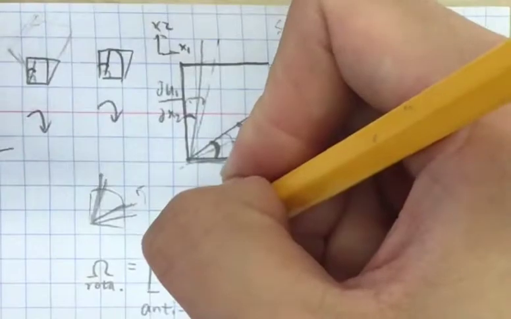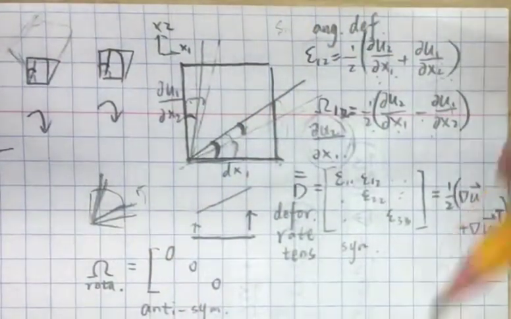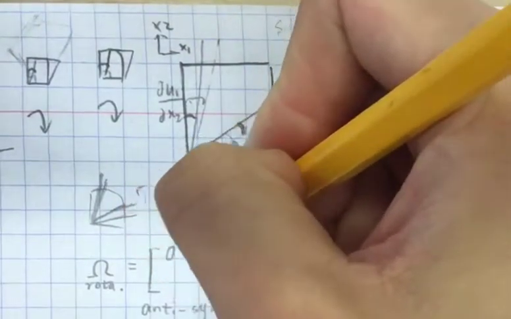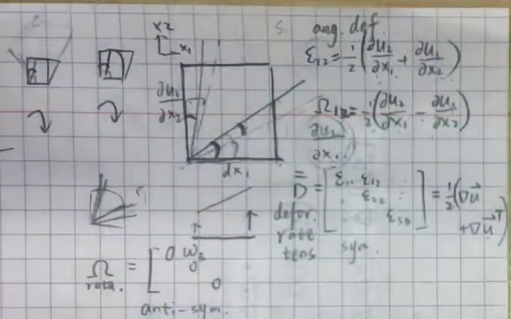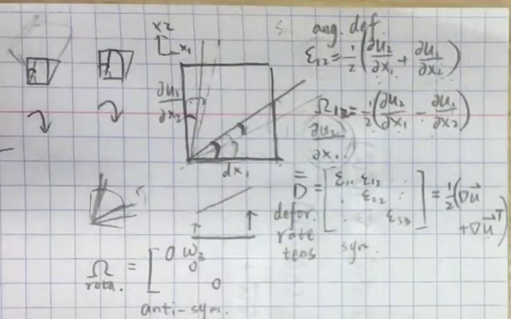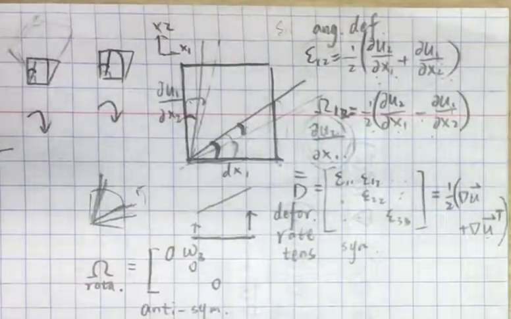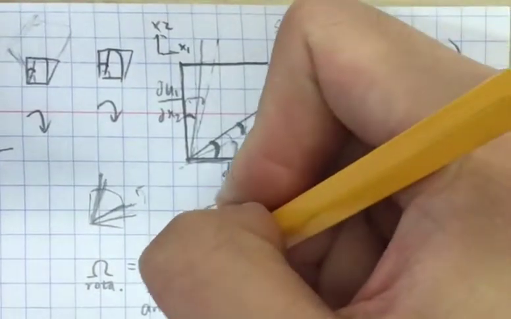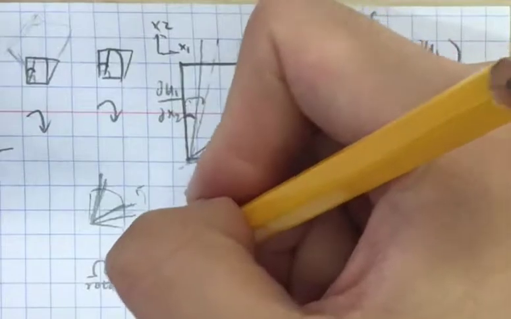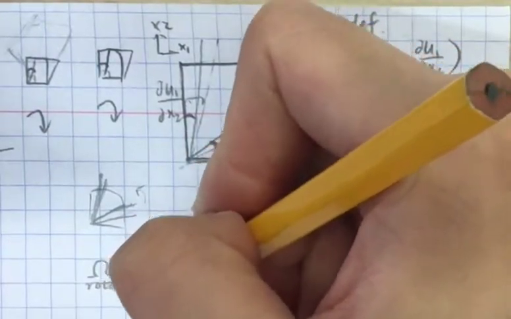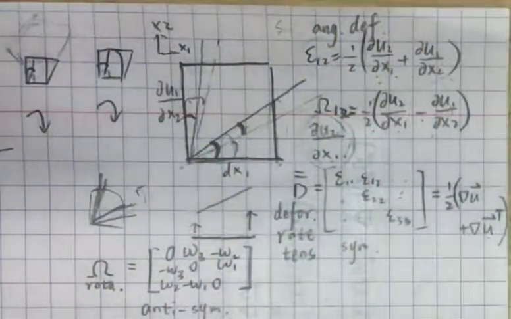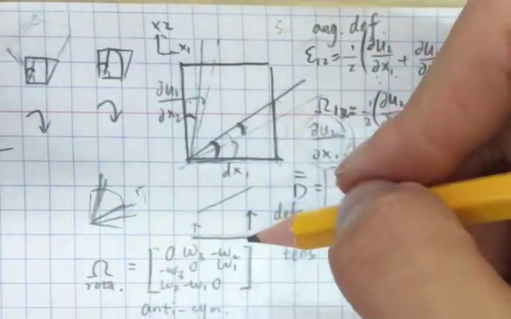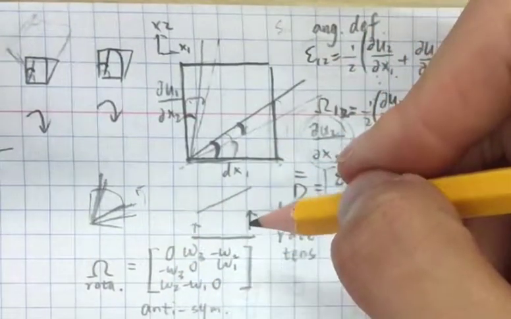Here I want to write omega 1, 2, but I'll offer you another notation, which is just lowercase omega 3. You can just treat it as a definition. Omega 3, minus omega 2, omega 1, minus omega 1, minus omega 3, and omega 2.